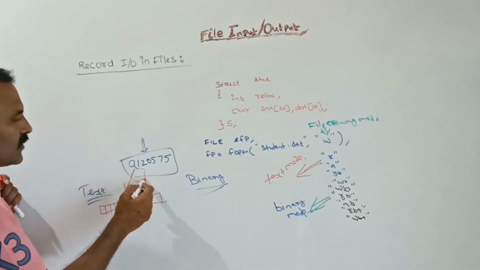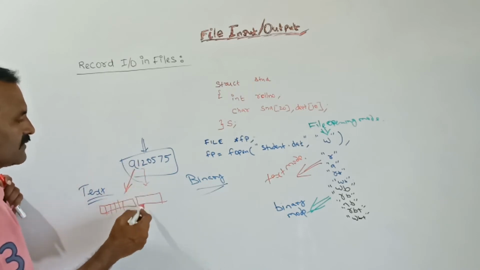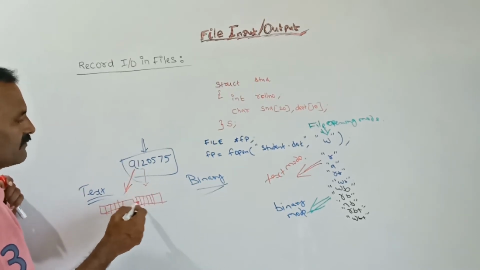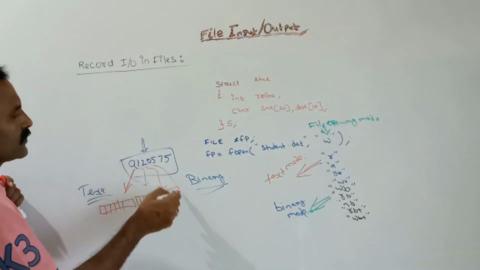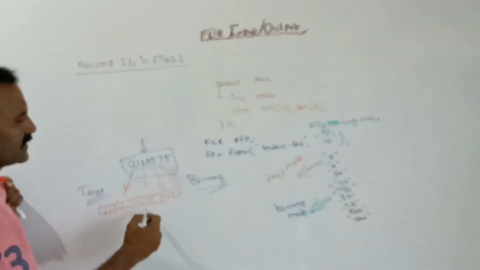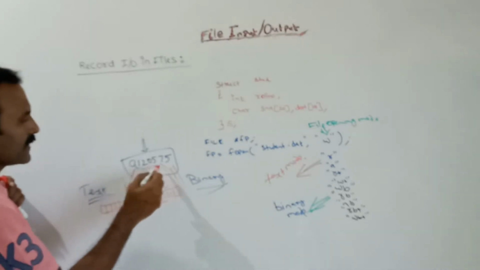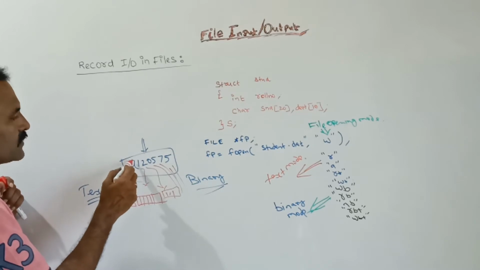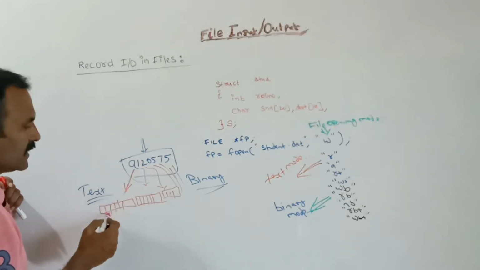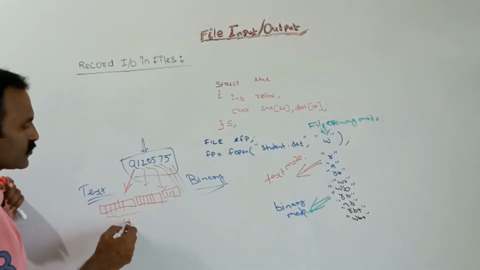In the same way, 1 also has an ASCII value, and if you convert it, it is converted into 8 bits. In a similar way for 2, 0, 5, 7 and 5. Each and every character is stored one by one, so per character it occupies 8 bits, or 1 byte.